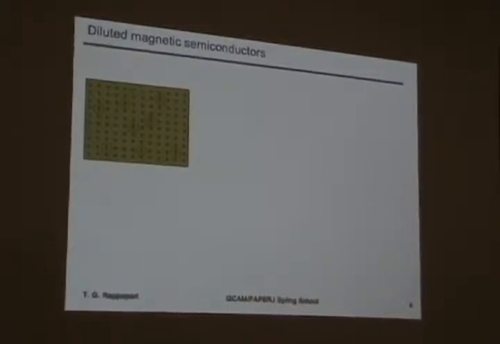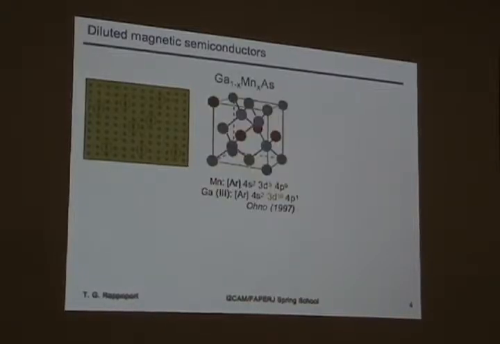And this has been tried since the 80s or even before. But only in 1997, with a group of Ohno from Japan, it was possible to have a ferromagnetic semiconductor made of gallium arsenide doped with manganese. And nowadays we have a whole family of III-V semiconductors doped with manganese that are ferromagnetic.